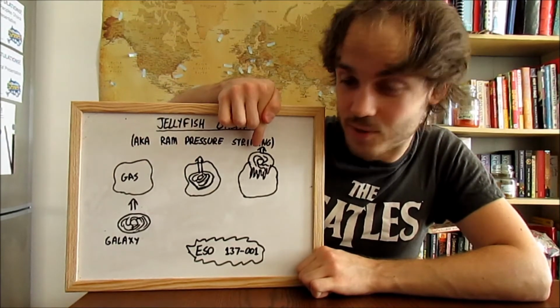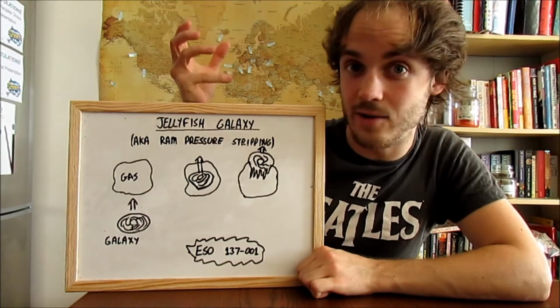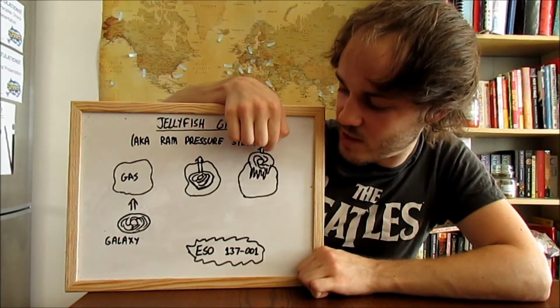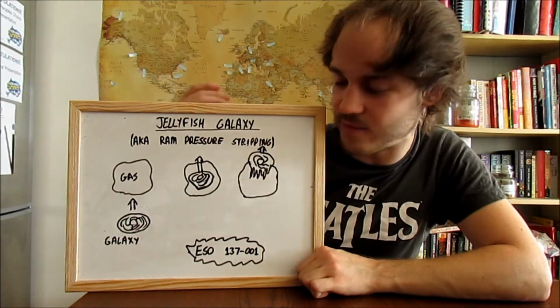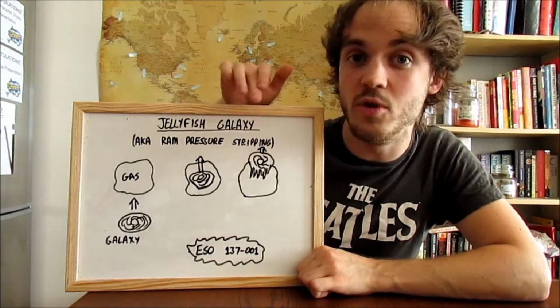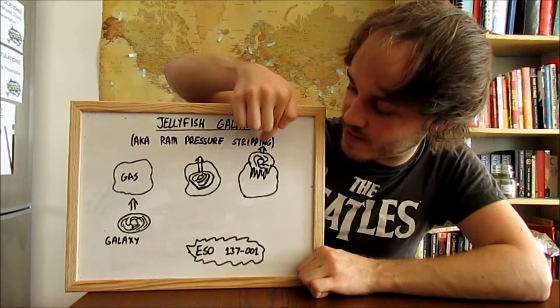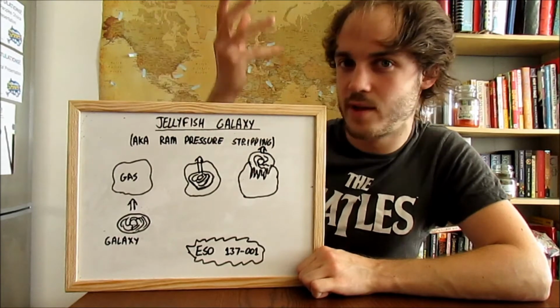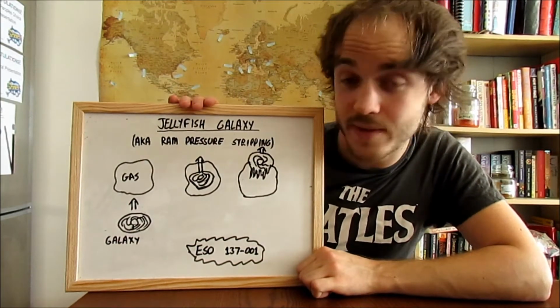And as it keeps going, as it passes through at the end, it becomes even more elongated, and you get these strange long filamentary, stringy pieces of gas that are basically left behind from this galaxy as it's moving through this giant cloud of hot gas. So what you have at the end is this galaxy with these long streams of gas coming off the back of it. And this is basically what's happening.